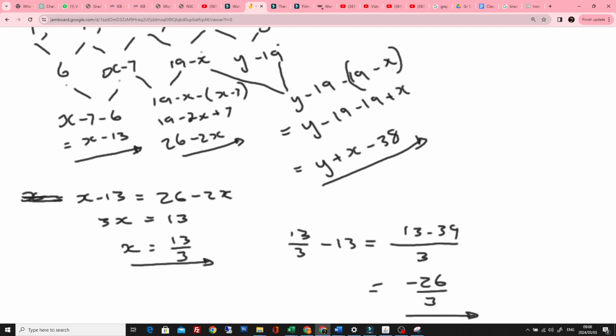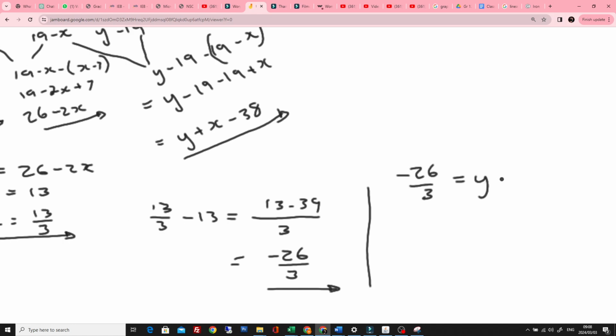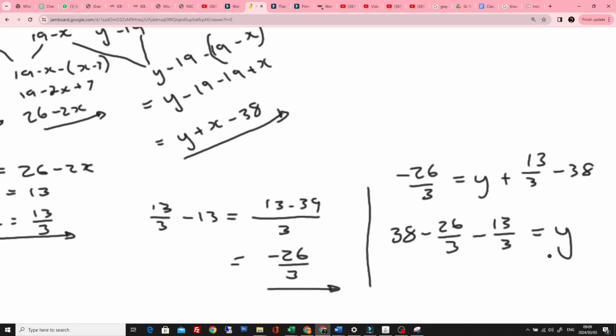And then what we get is that we can solve for y. Negative 26 over 3 must be equal to y plus x is equal to 13 over 3 minus 38. So I can just do 38 minus 26 over 3 minus 13 over 3 is equal to y.